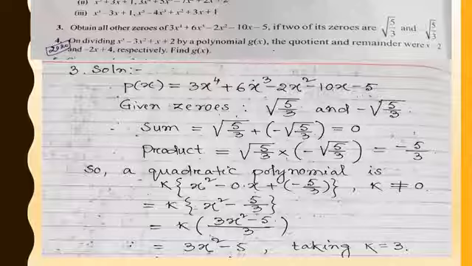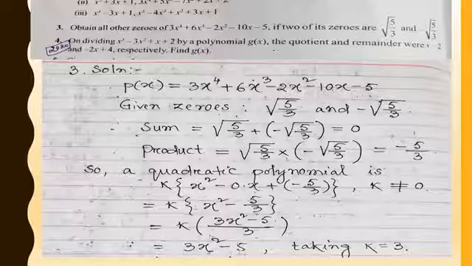So using the formula, a quadratic polynomial is k times x square minus sum of zeros into x plus product, where k is not equal to 0. If I proceed and take k equal to 3, I get the answer as 3x square minus 5. But here you can do it as an alternative method also, without taking k.